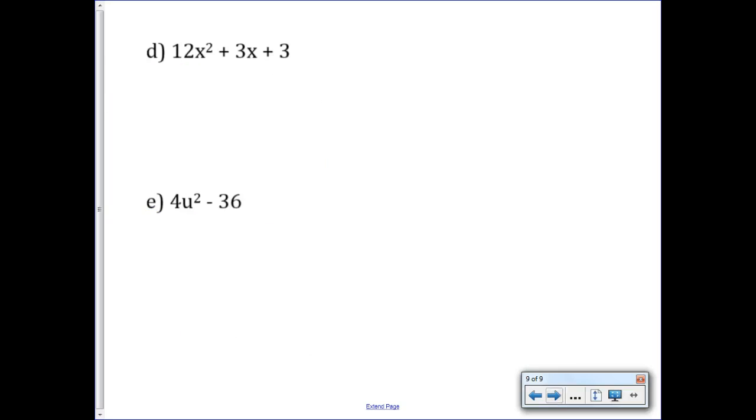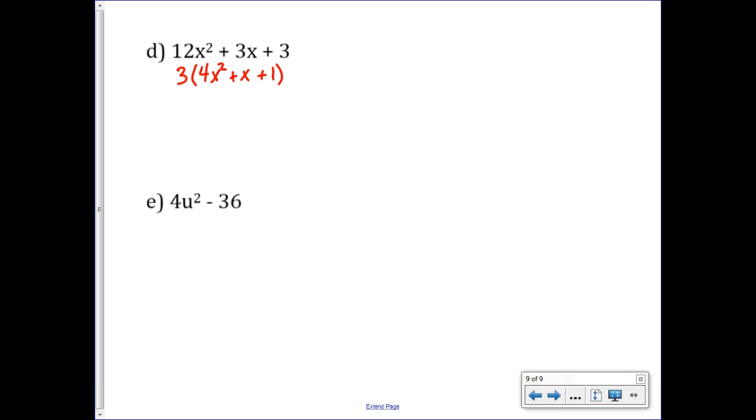All right, let's look at a couple more of these. So I have 12x squared plus 3x plus 3. First thing I'm going to do is pull out GCF. So everything divides by 3. So I end up with 4x squared plus x plus 1.